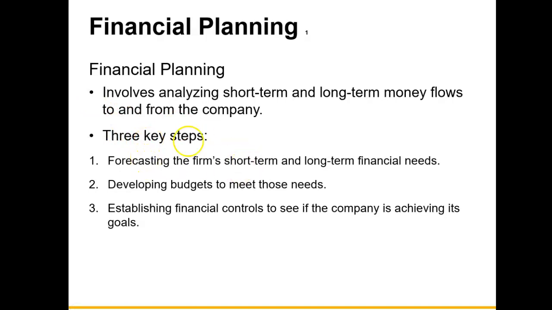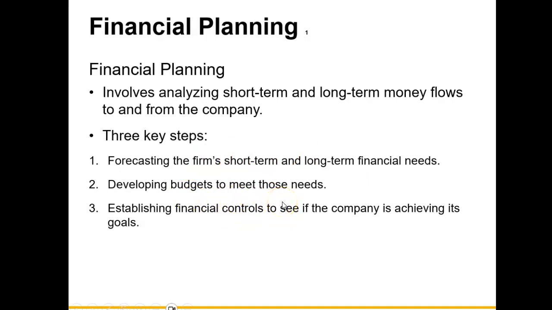First, forecast the firm's short term and long term financial needs. Now we're saying short term, how much money do we need for operating purposes, say for the next year? Long term may be for a time period of longer than 1 year, 3 years, 5 years, and or 10 years. Develop budgets to meet those needs.